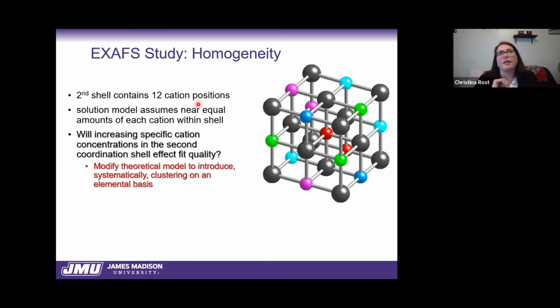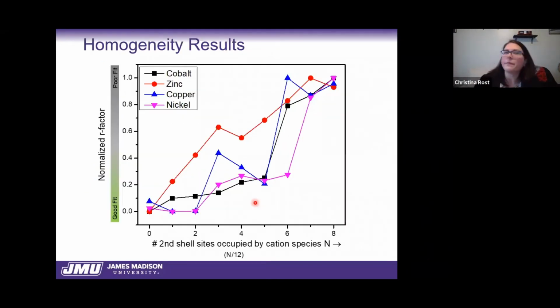So to test that, I modified our theoretical model to introduce clustering systematically on a local and elemental basis. And as I did that, I checked for the fit. So I just ran fit after fit after fit. Here's the results. So here's my normalized R factor. 0 is going to be a good fit, 1 is a poor fit, for all 4 of the cations that we looked at.